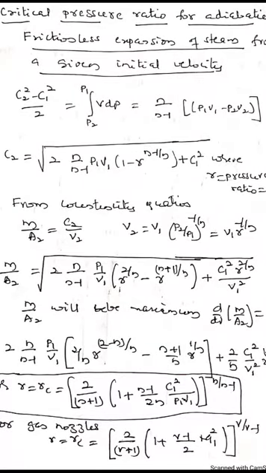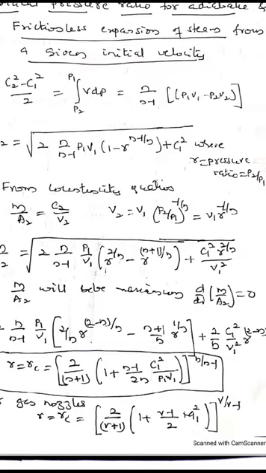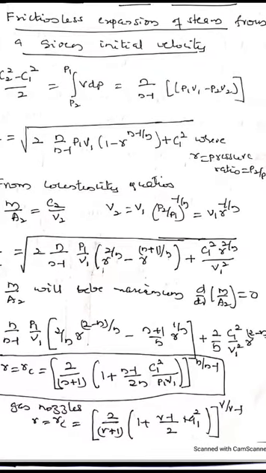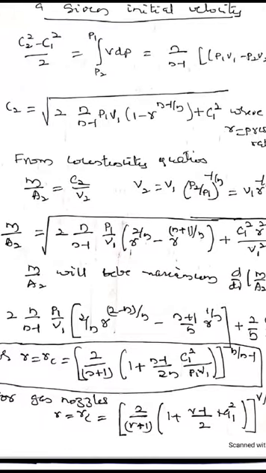Then, we also have P1 V1 raised to n equal to P2 V2 raised to n. Therefore V2 equals V1 (P2 by P1) raised to minus 1 by n, so equals V1 r raised to minus 1 by n. From the continuity equation, m by a2 equals C2 by V2.